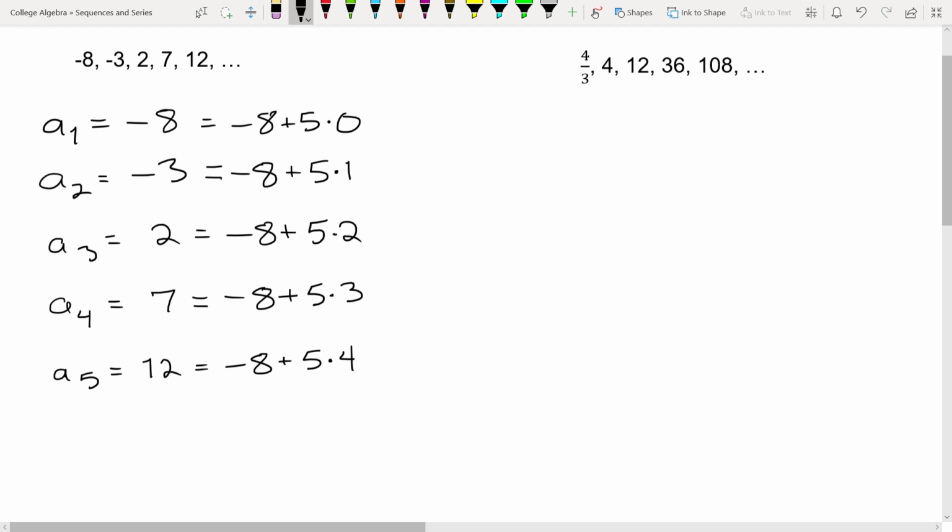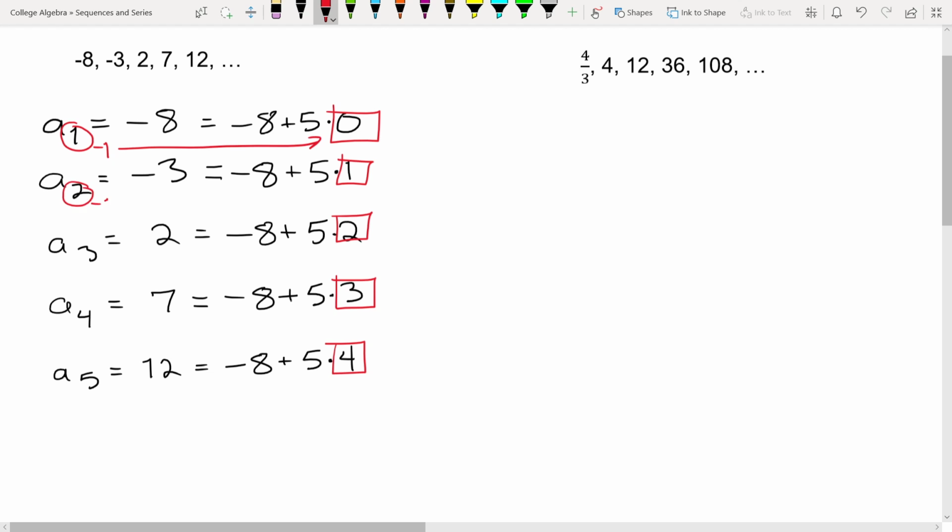And I wrote it this way because now we have -8 in each one of the terms, and we also have 5 in each one of the terms. So those are constants throughout this entire sequence. What's changing is the number multiplying the 5 in each term. And if you'll notice, these are all just the nth term minus 1.